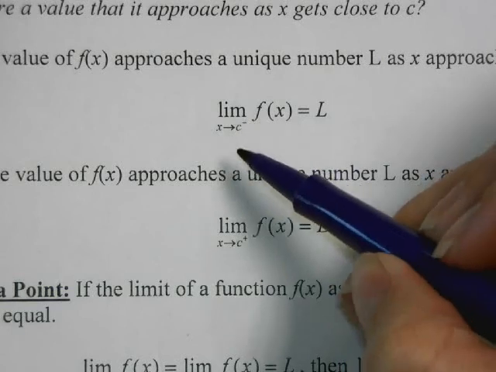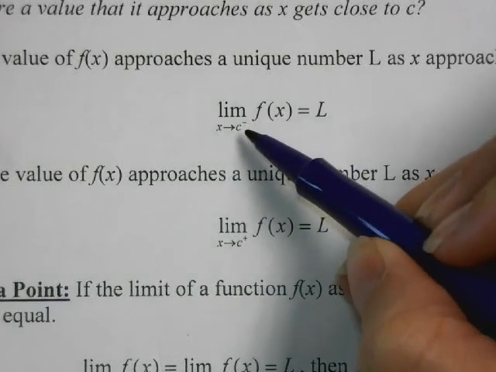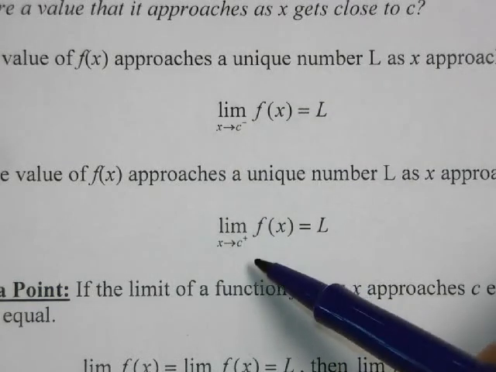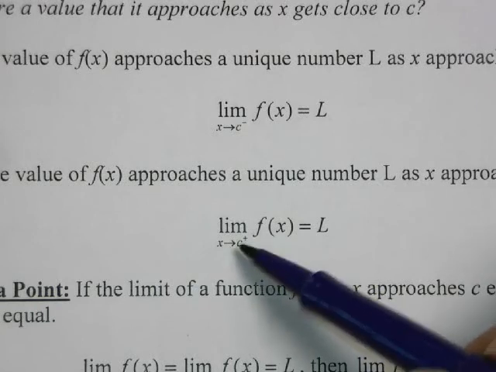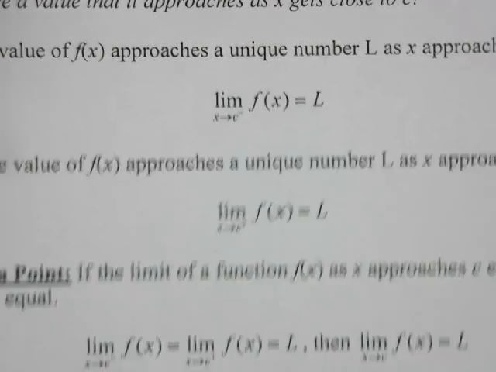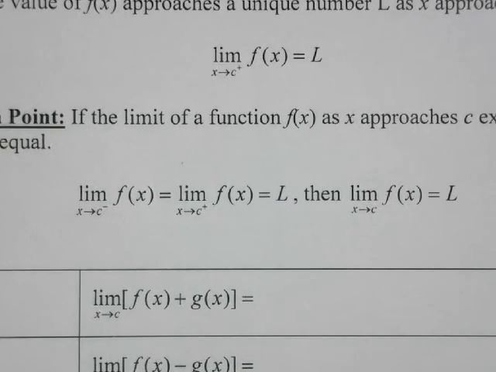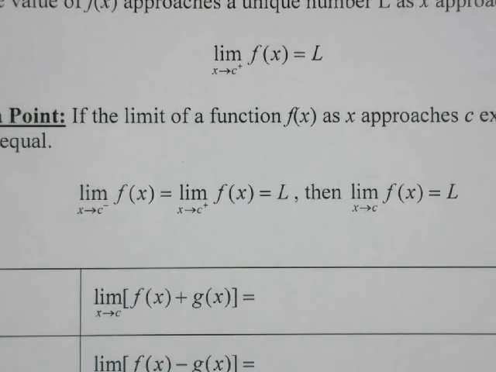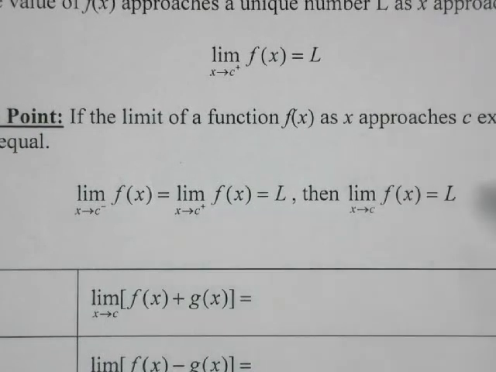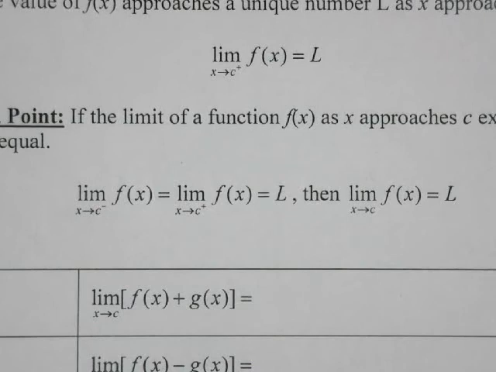That doesn't mean negative c, it means c from the negative side. The right-hand limit, we're going to look at values as we approach c from the right or from the positive side of the graph. And if the limit from the left and the right are the same, then the limit exists and is L.